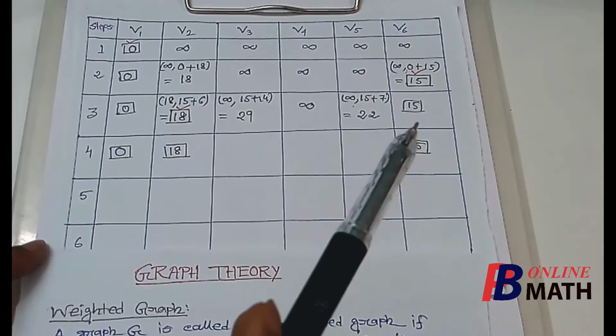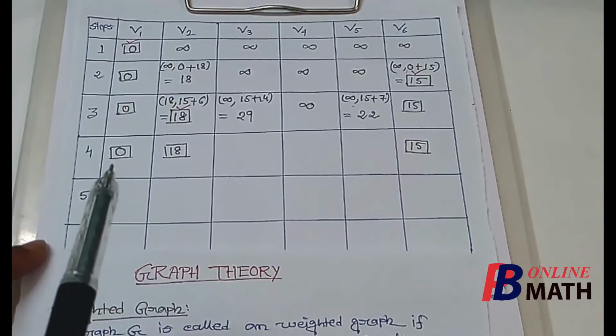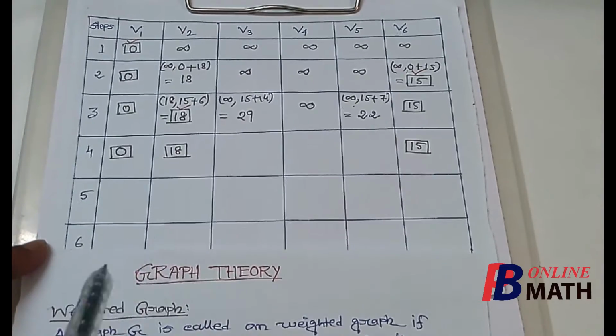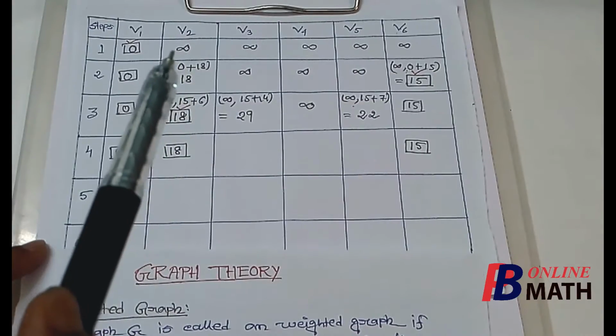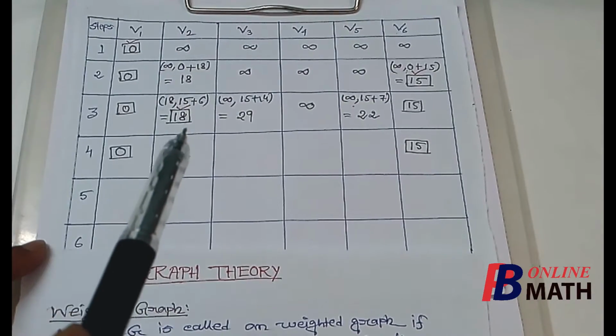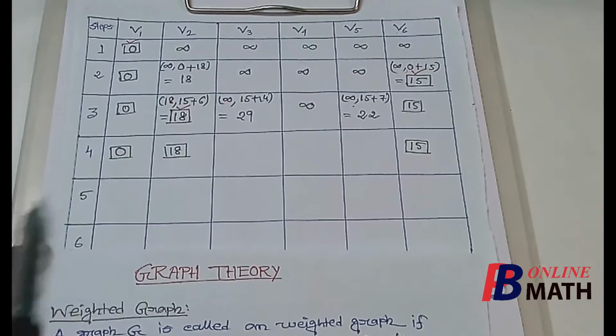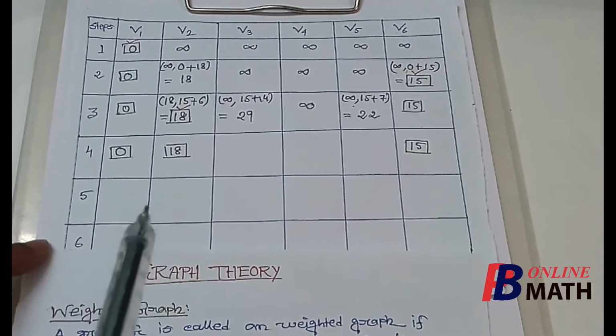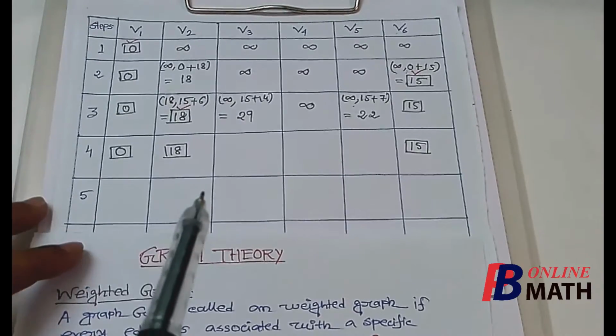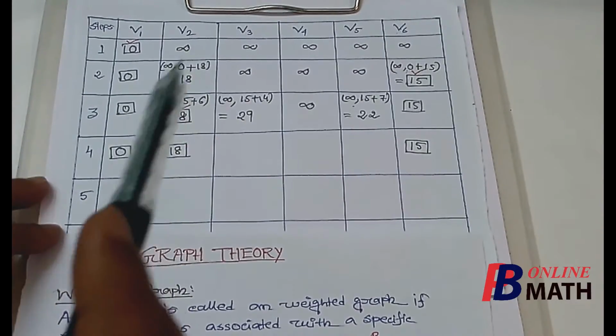Since these 3 levels are permanent levels, we keep the levels unchanged. Now remember that in step 3, V2 is the vertex which was labeled permanently by 18. Now in this case we shall find the distance from V2, so we find the vertices which are not directly connected to V2.